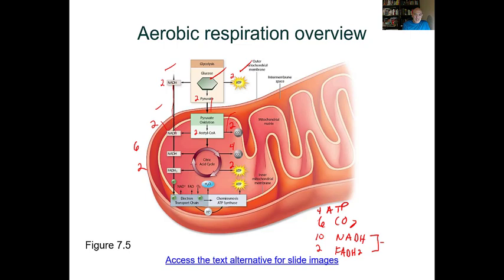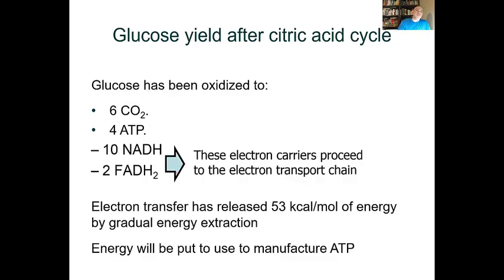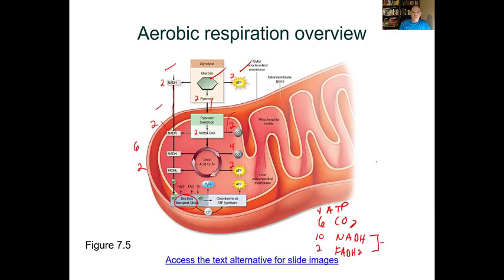These NADHs and FADH2 are going to carry it to the electron transport chain, where we're going to generate most of the ATP that we can still make. Okay, so let's check. We came up with 6 carbon dioxides on that list. We had 4 ATPs. We had 10 NADHs and 2 FADH2s. Check, check, check, check. We got it.